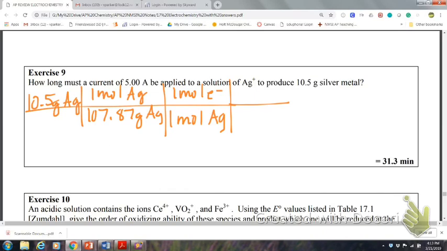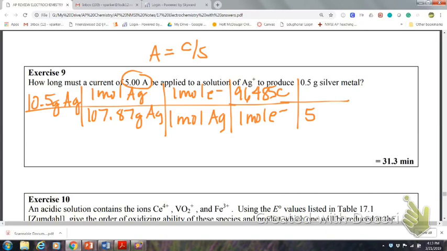And then 1 mole of electrons is 96,485 coulombs. And then we have a current of 5 amps. Remember, amps is the same thing as coulombs per second. So we're going to put 5 coulombs per second on the bottom.